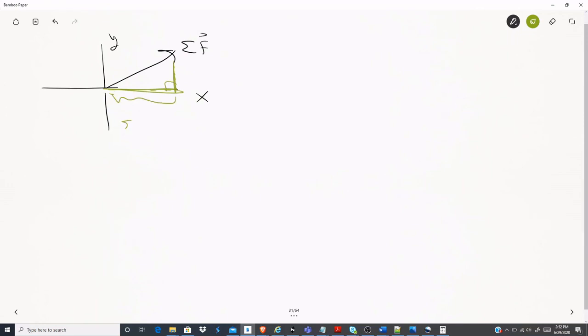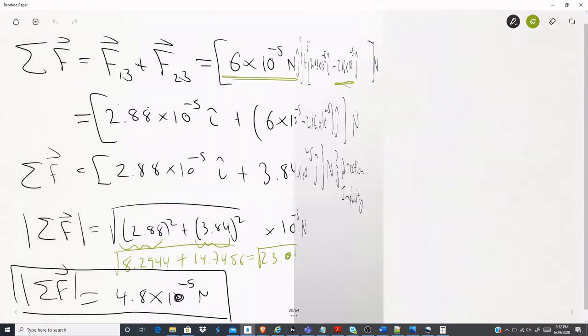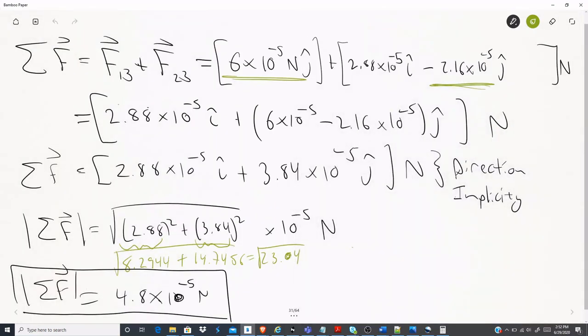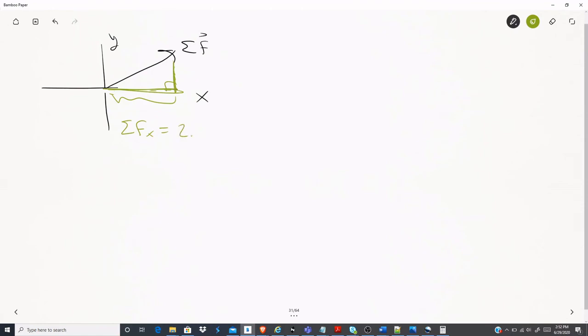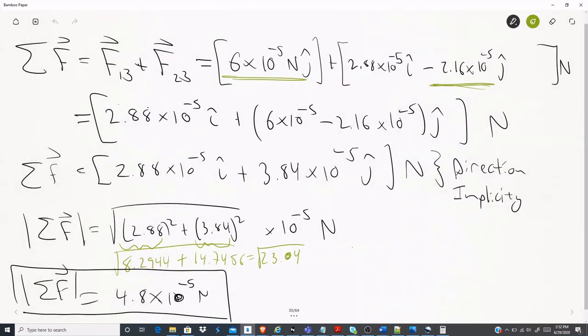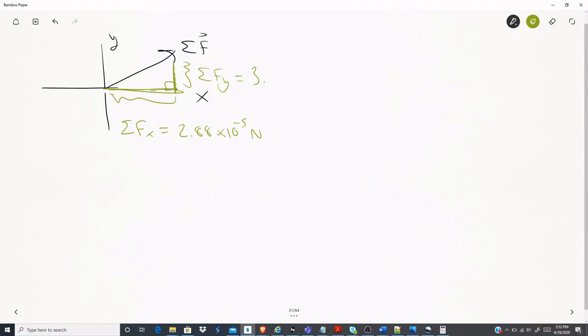So the sum of the force in the x direction is 2.88 times 10 to the negative fifth. And the sum of the forces in the y direction is going to be, what was it, 2.16? Oh, 3.84 times 10 to the negative fifth newtons.